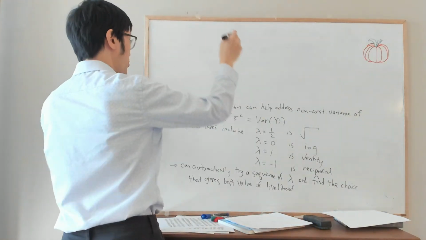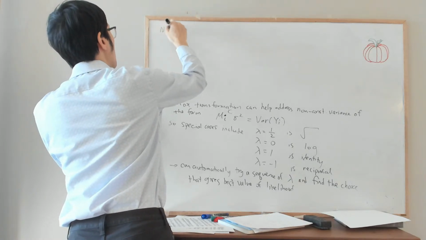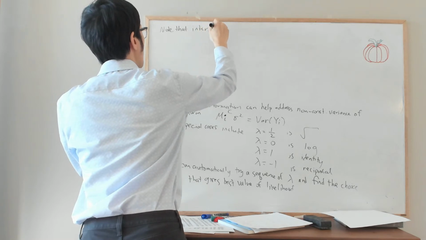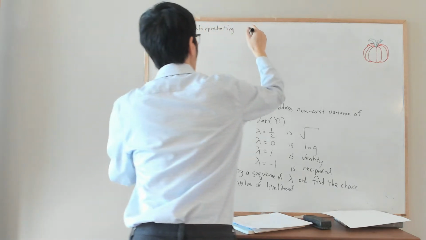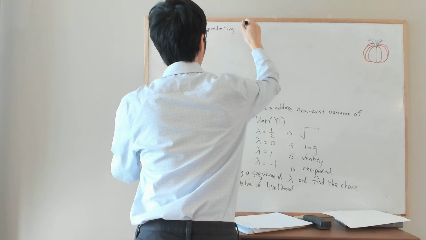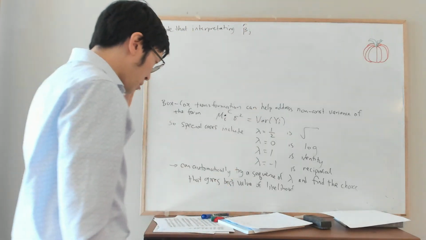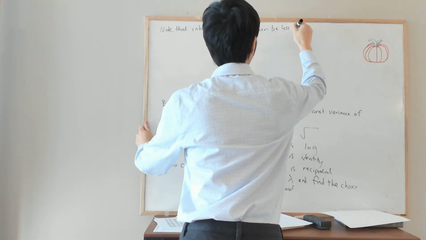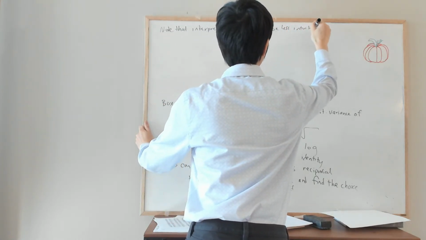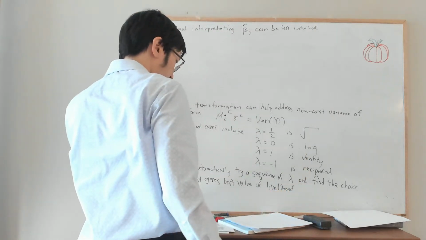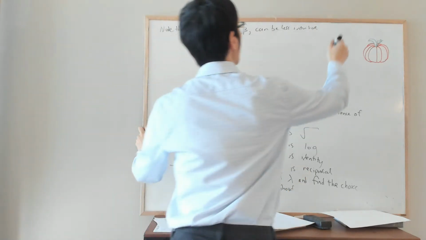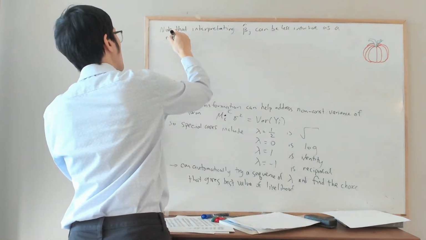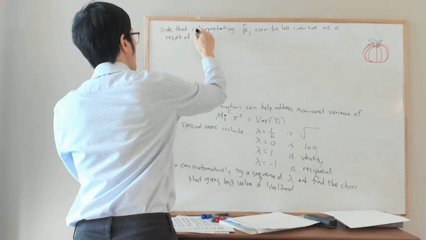Note that interpreting our parameter estimates, the beta j hats, can be less intuitive as a result of the transformation.